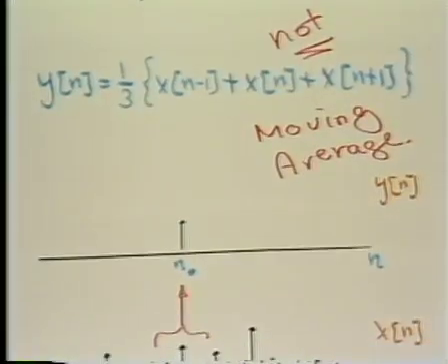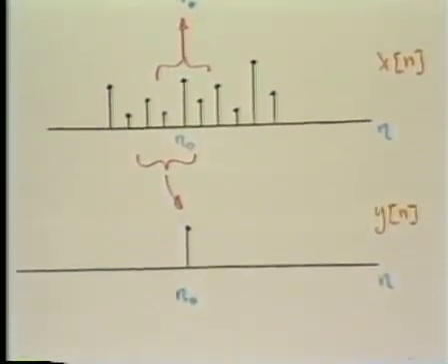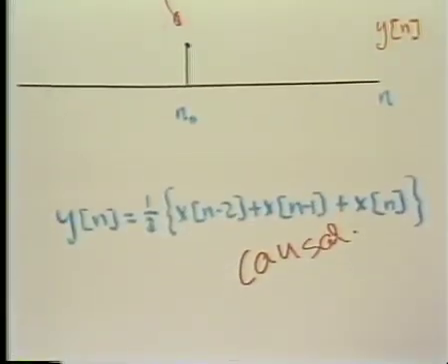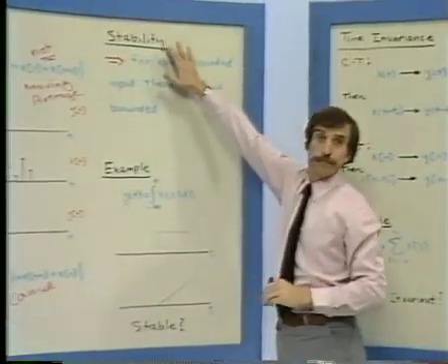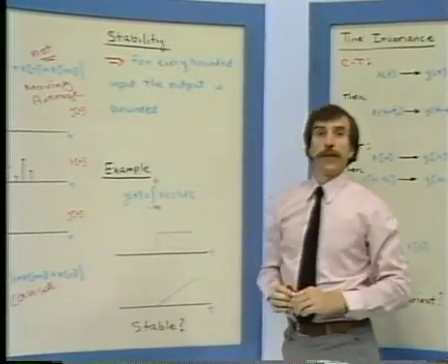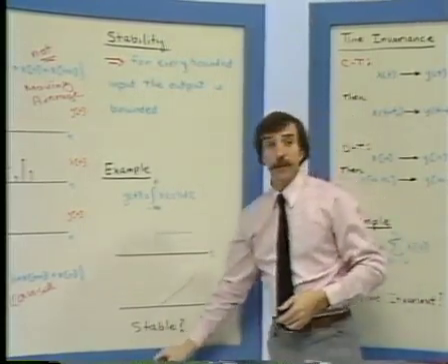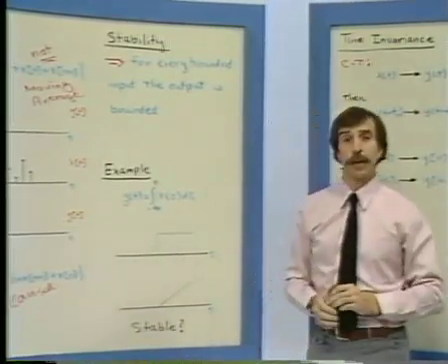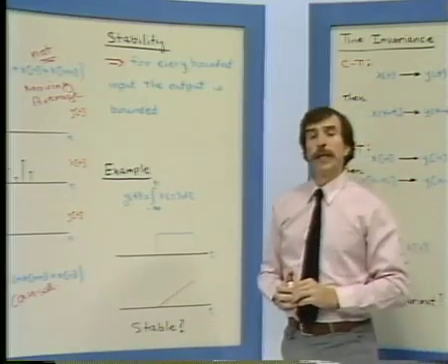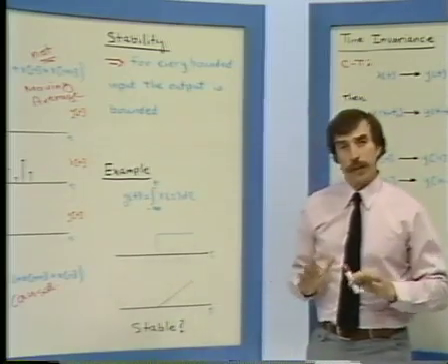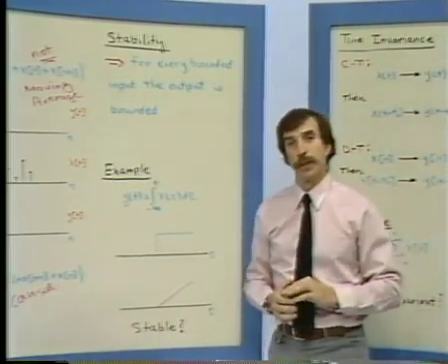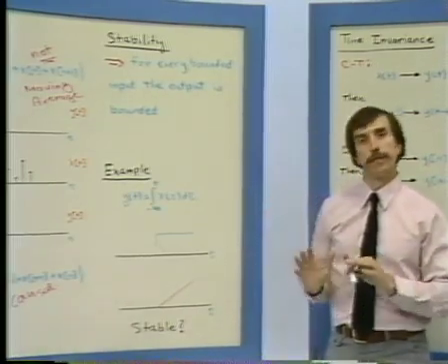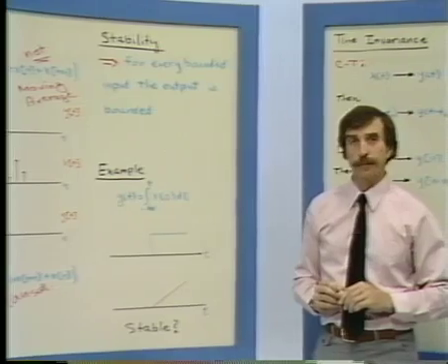All right, now let's turn to another system property, the property referred to as stability. Now, there are lots of definitions of stability, and some of them get very mathematical and formal. What we've chosen and what we'll use as our definition is what's called bounded input, bounded output stability.